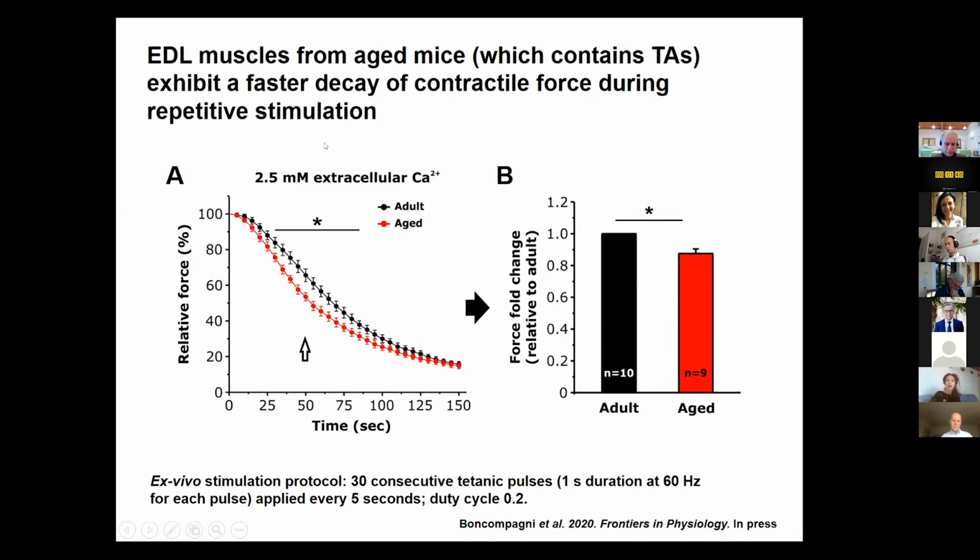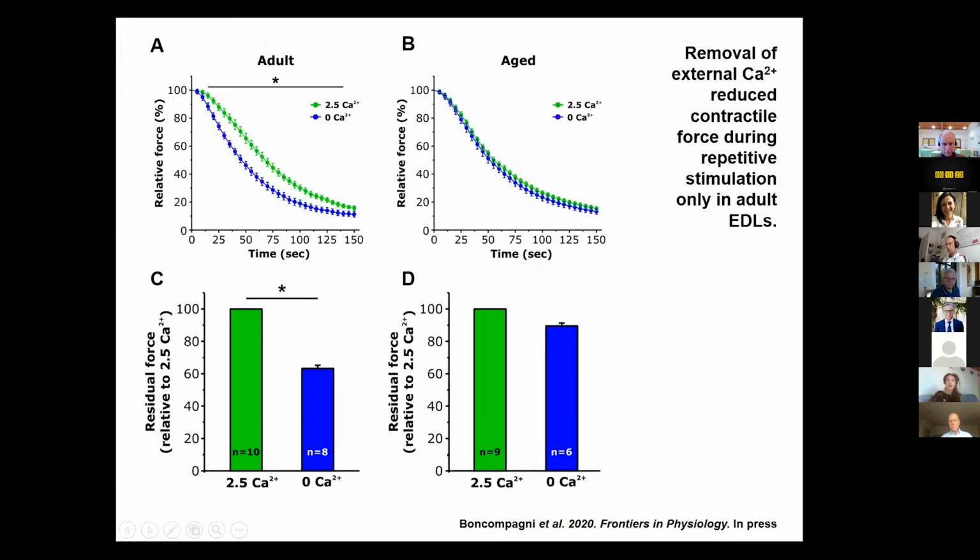Now, to verify if this external calcium plays a role in this reduced resistance to fatigue of aged muscle, we repeated the same experiments, but after removal of external calcium.